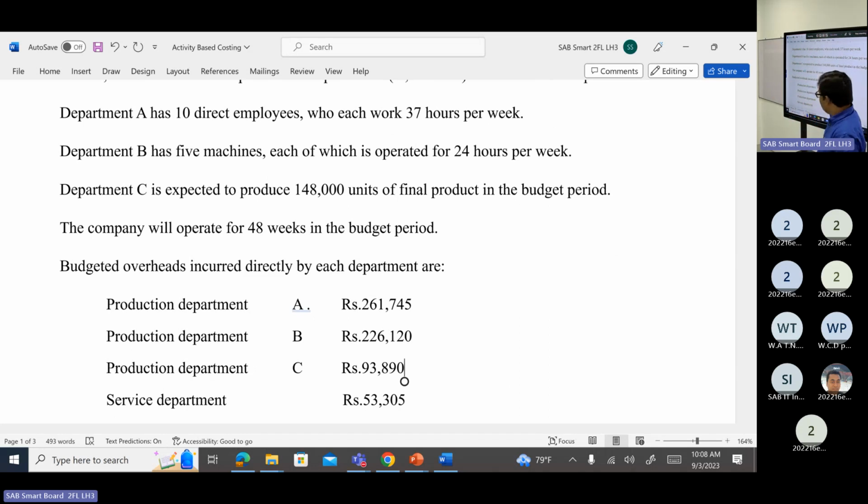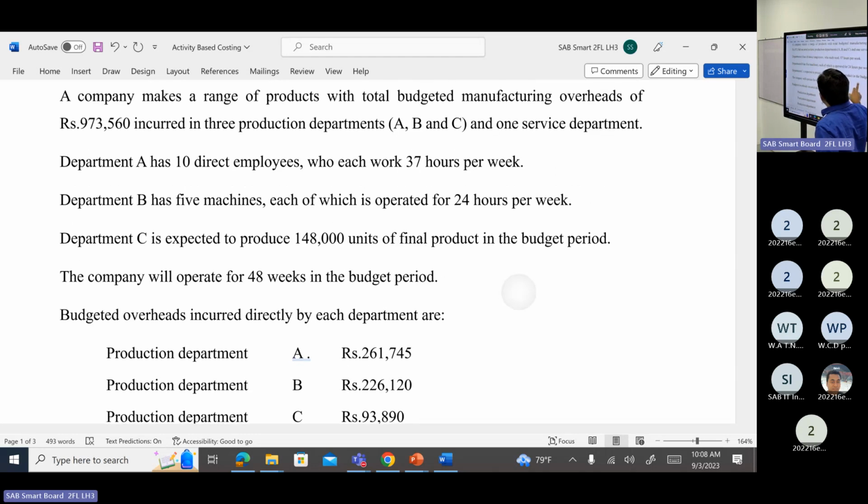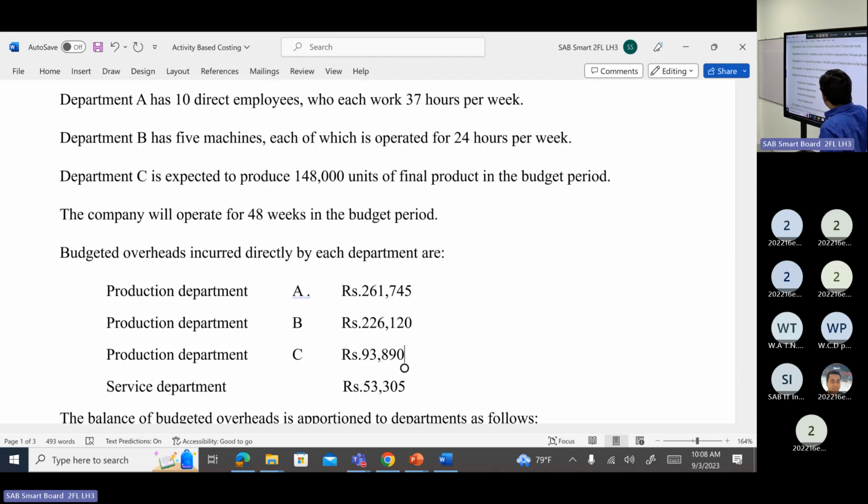When you add these, it won't be 900. Here, 973. When you add these, for how much? 261, 226, 93, 53. Just add these four, the directly allocated cost for each cost center.